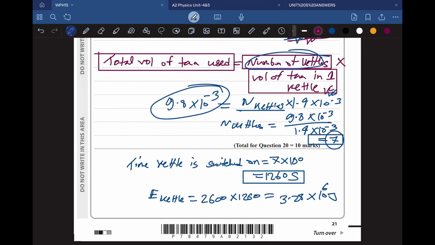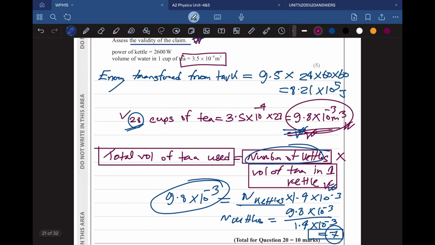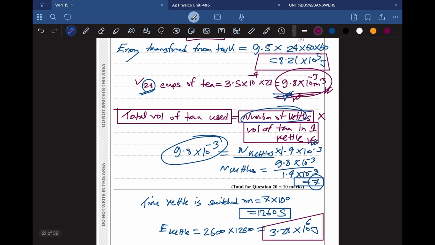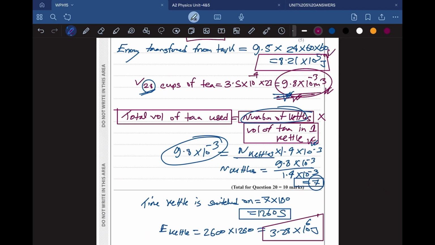So basically we have figured out the energy transferred by the kettle as well as the energy transferred by the tank. Now we can see one thing, that this energy transferred from the tank is smaller than the energy transferred by the kettle, because it is 10 to the power 5 and it is 10 to the power 6.